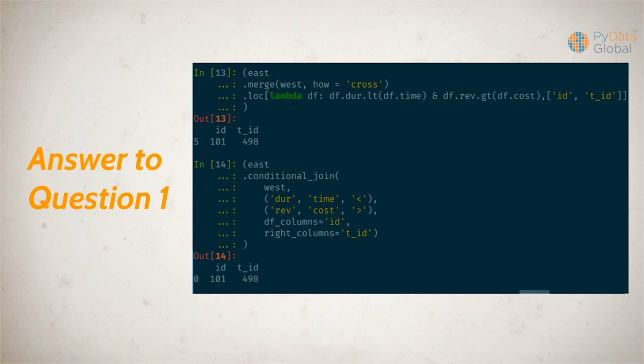Look at the format in the conditional join again: your left data frame, your right data frame, and then you pass in your variable arguments, duration time less than, rev cost greater than, and then you can pre-filter your columns from the left data frame and columns from the right data frame.